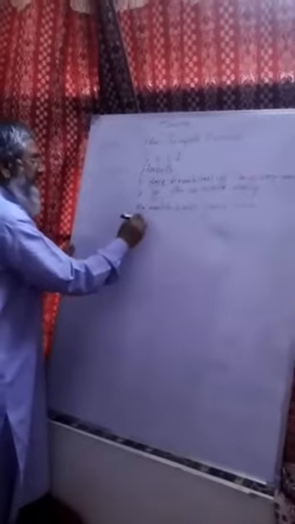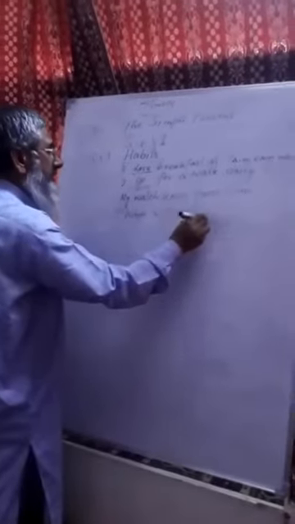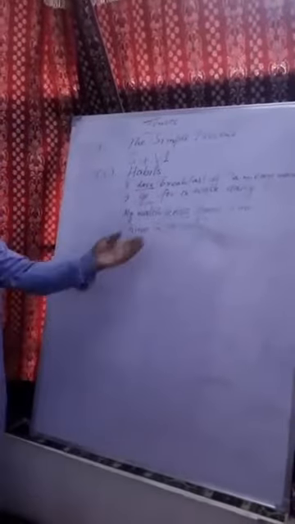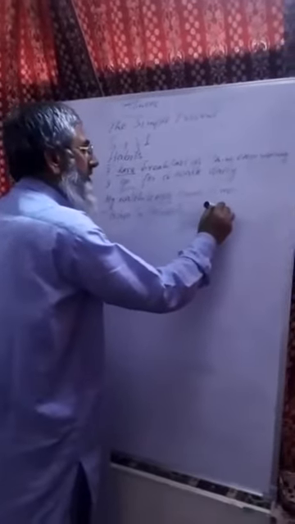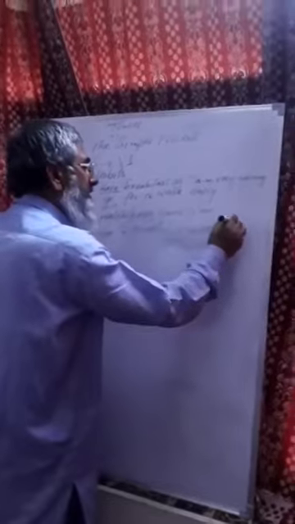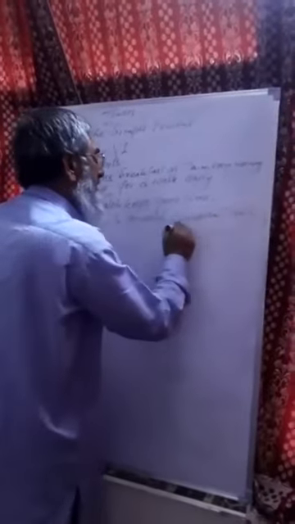This is habits. And number 2, things in general, or we may say universal truths. Wherever we have a universal truth, we use present simple to denote it.